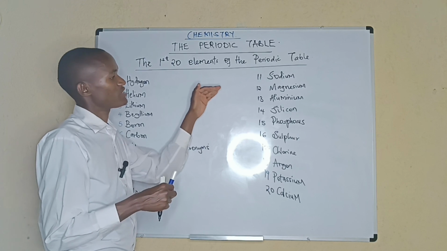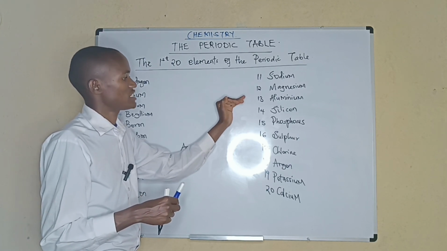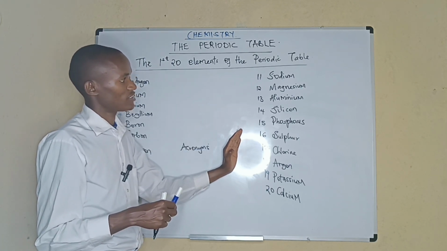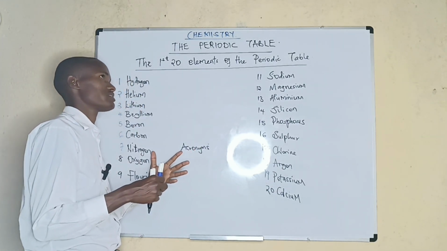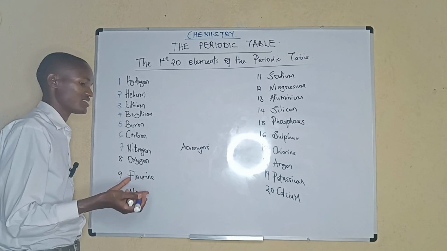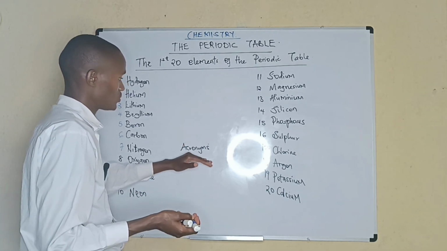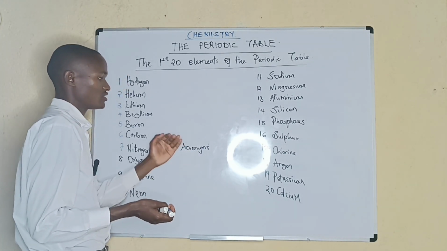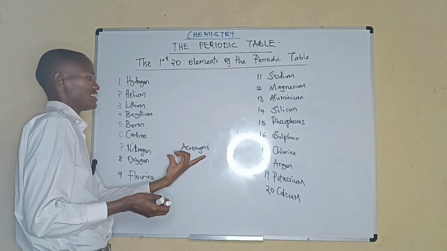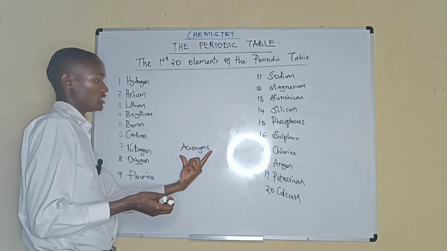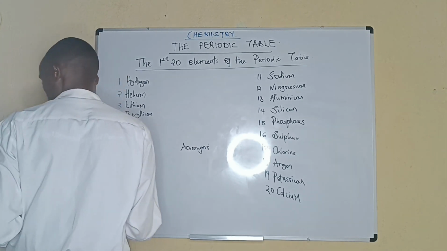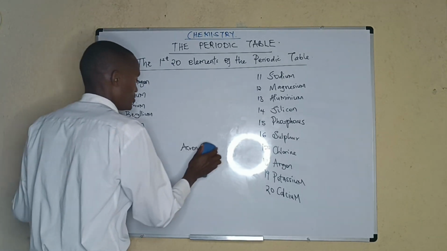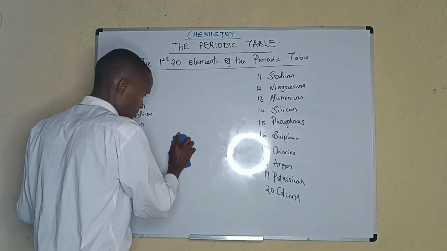I still believe the best method is knowing the elements by their number, without acronyms or songs, and it is possible for anybody. Acronyms and songs are good in some other places, but not in this case. Let us now name the chemical symbols of these elements.